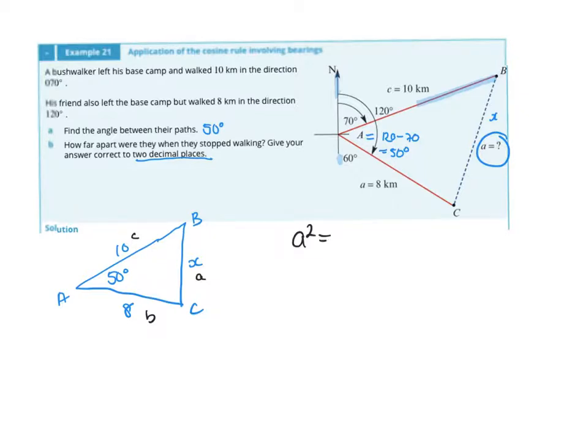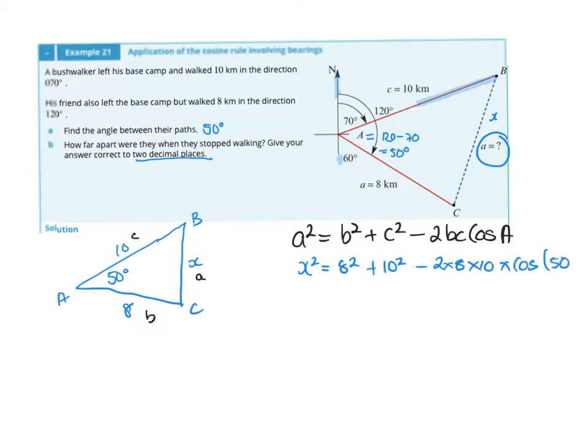So a squared equals b squared plus c squared minus 2bc cos A. And then substitute in what you know. So x squared equals 8 squared plus 10 squared minus 2 times 8 times 10 times cos 50.